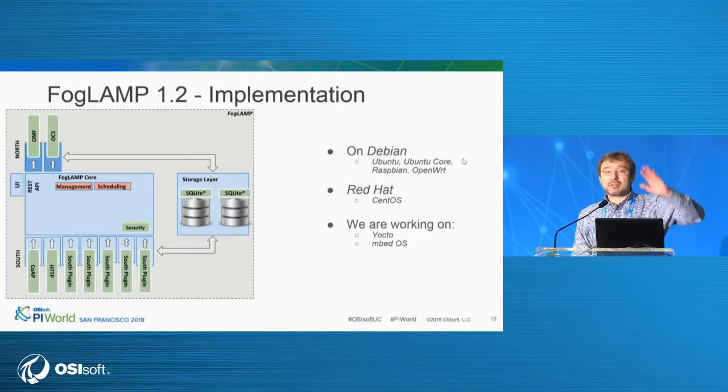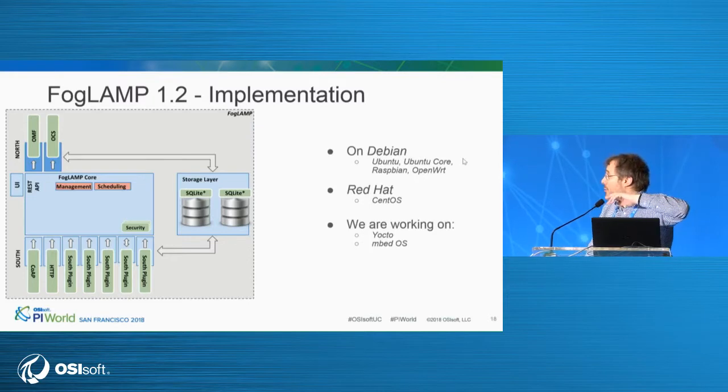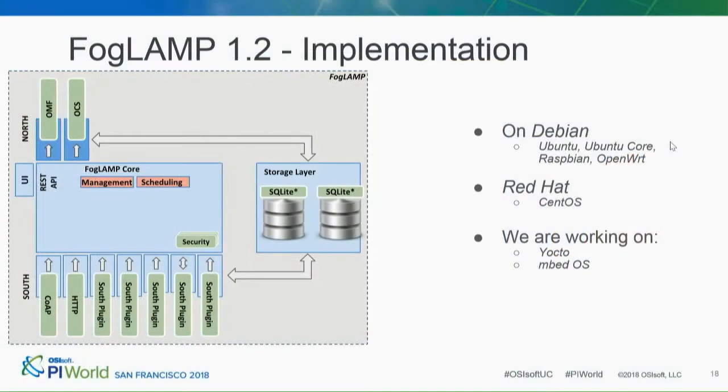Some of you may be involved in smart boxes and smart switches, where OpenWRT and embedded Linux systems are available. Well, we are there too. We have standard libraries that we use for FogLAMP, and we have already ported FogLAMP to these platforms. We are also working, as I already mentioned, on Mbed OS and the Yocto Project to create a specific Linux distribution for embedded environments.